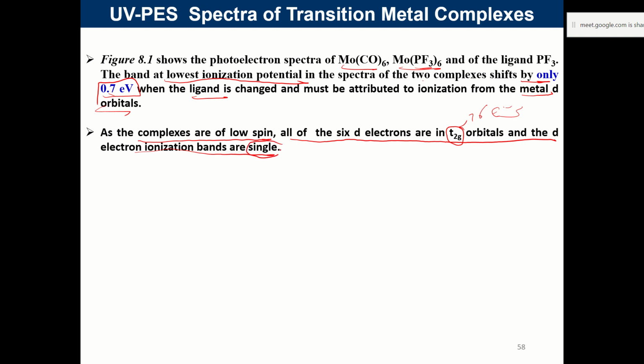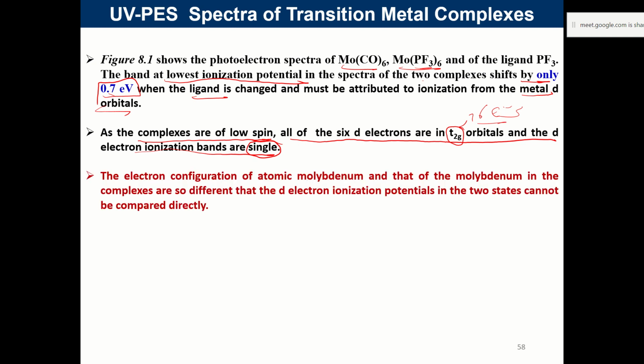So we expect a single band when all the electrons of the d orbitals are only in either the T2g set or the EG set. So here the EG levels of the d metal are empty and only T2g is occupied. It is a low spin complex.